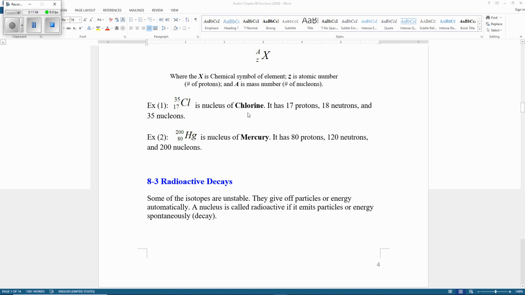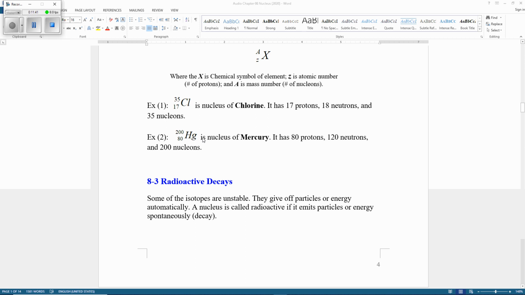Chlorine, that's the name. Now, how many protons? 17. This number tells you 17 protons. How many neutrons? The top number gives you proton plus neutron, so we need to do simple math. 35 minus 17 gives you 18. So 17 protons, 18 neutrons, and totally 35 nucleons, proton and neutron together.